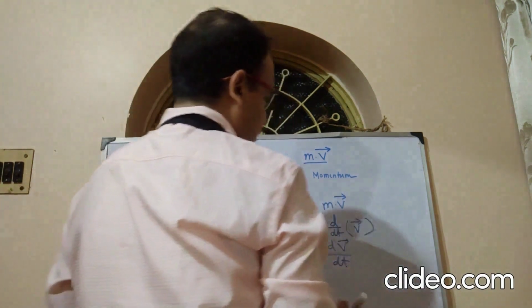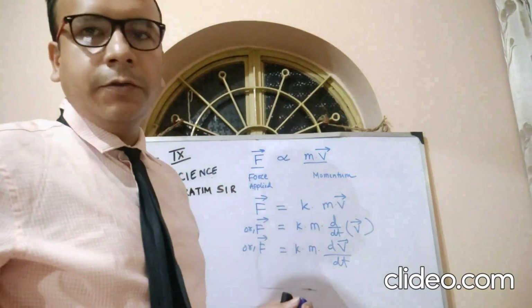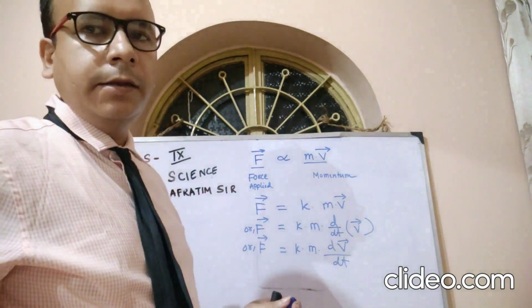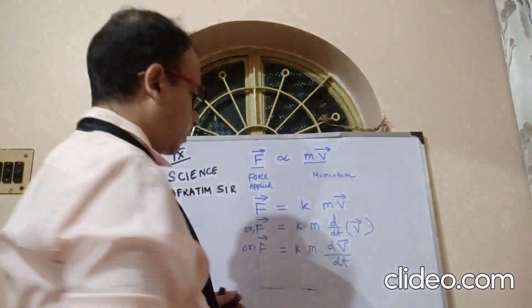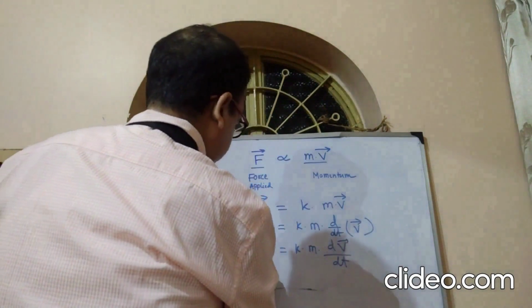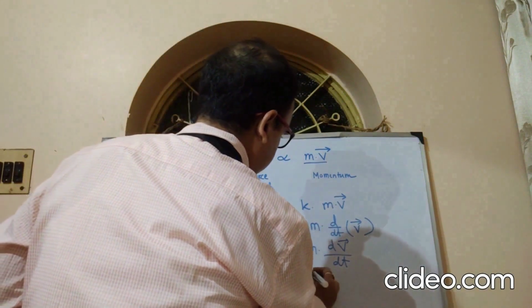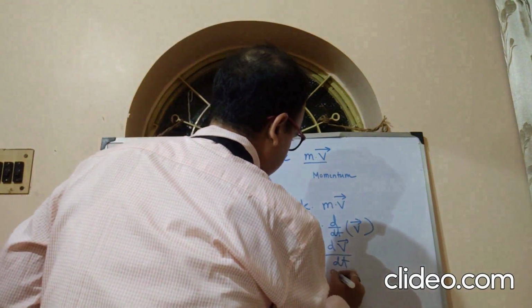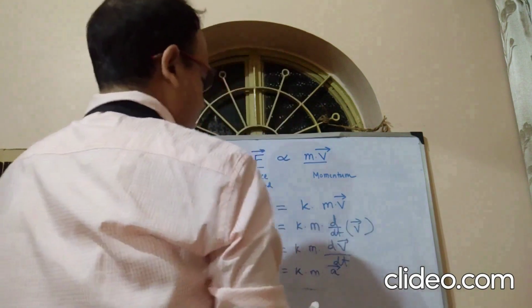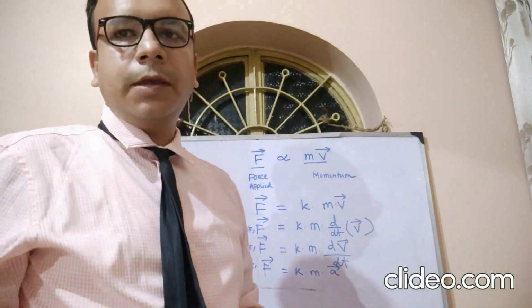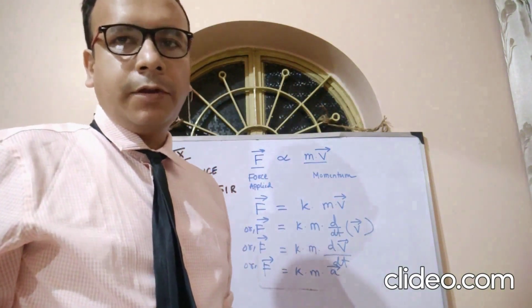Here the rate of change of the velocity is denoted by dv vector by dt, d/dt of v vector, or a vector. dv by dt is the rate of change of the velocity.